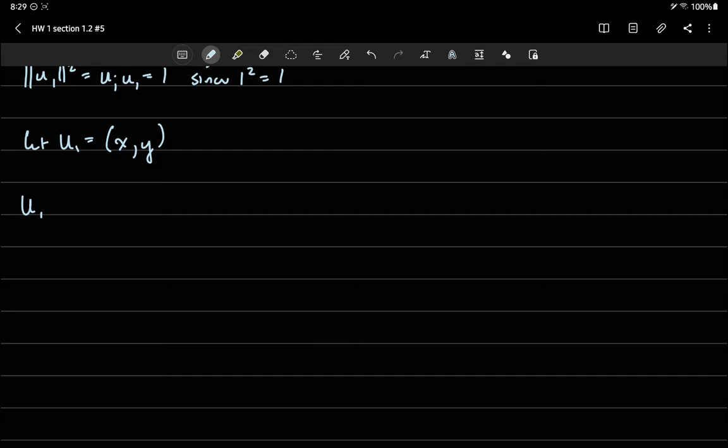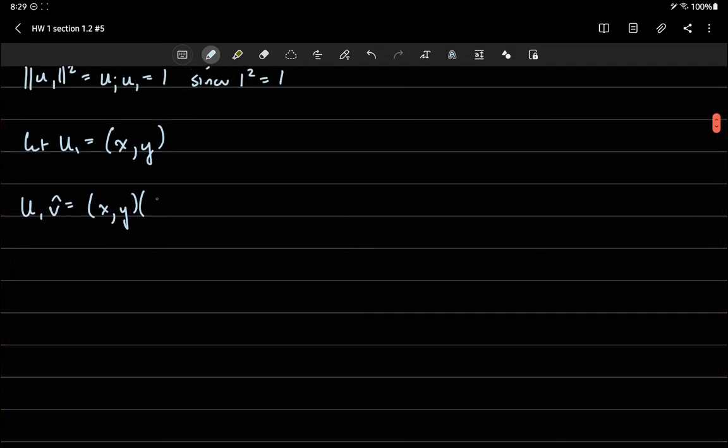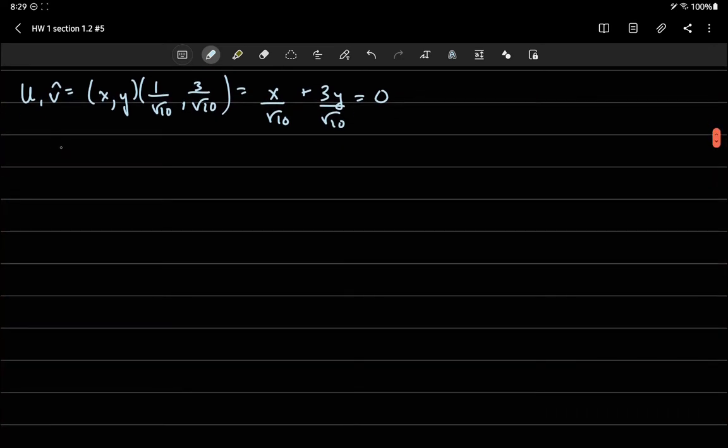So u1 times v hat is just x and y times v hat, the value we found in question 1, which is 1 over root 10 and 3 over root 10. And this is just going to be x over root 10 plus 3y over root 10 equal to 0. Factor out the root 10 from both terms, and we can just simplify with x plus 3y equals 0.